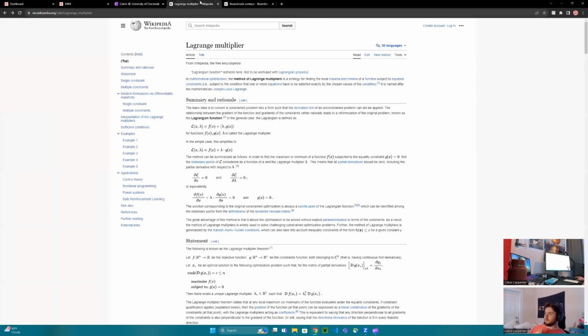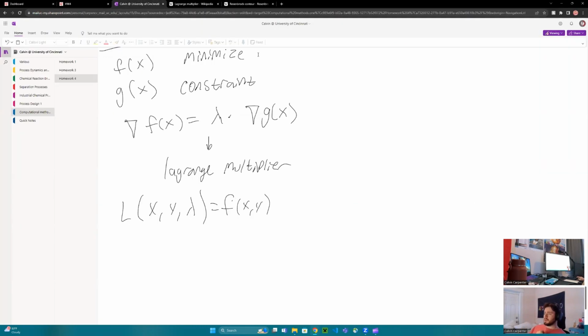I forget if these are gradients or not. They're not. Okay. So f of x and y plus the multiplier times g of x and y.